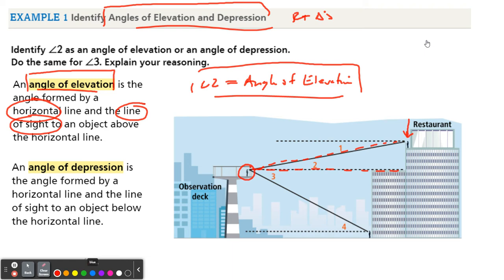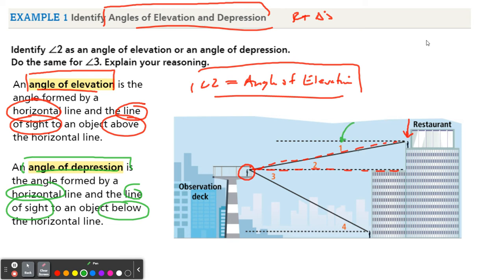Now, when we talk about an angle of depression, let me use green maybe. An angle of depression is also formed by a horizontal and a line of sight. So with an angle of elevation, the object is above. With an angle of depression, the object is below. So you're looking down. This person at the restaurant actually does have an angle of depression.